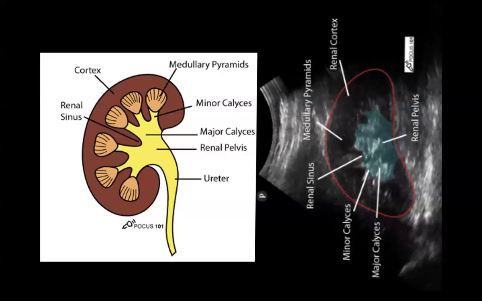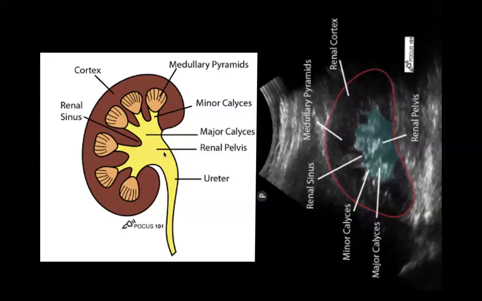Looking at the kidney under ultrasound, you'll see this kidney bean-shaped kidney, with the renal cortex, which is the outer portion of the kidney, as hypoechoic or darker in color. And then the renal sinus is hyperechoic, or bright white, whiter in color. That's the normal appearance of a normal kidney.